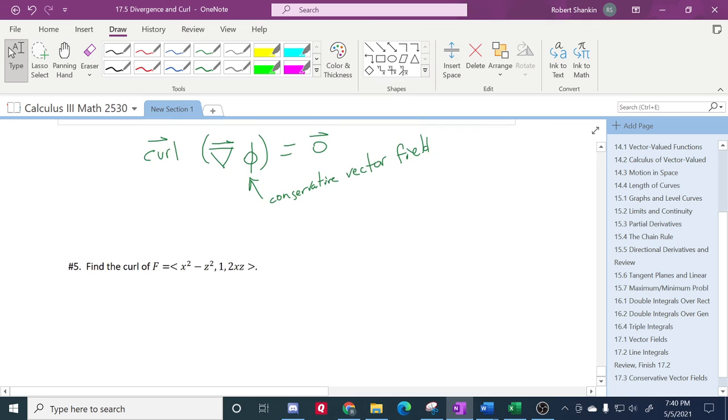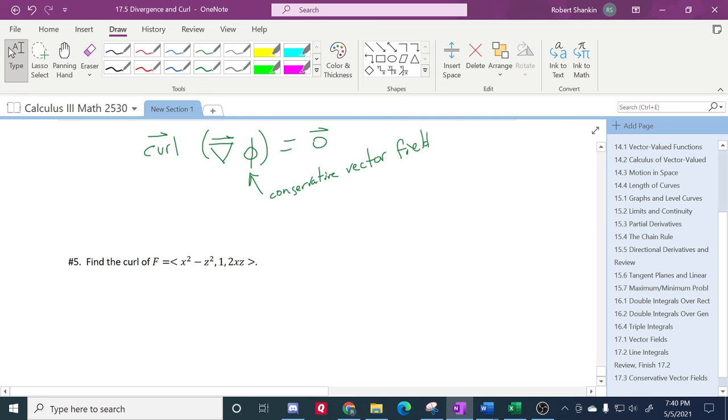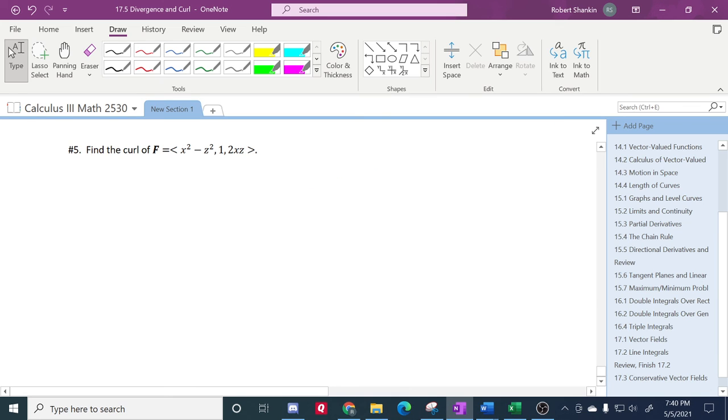Okay, and so the last thing is find the curl of f. We've got 5 minutes, so let's figure out this curl.